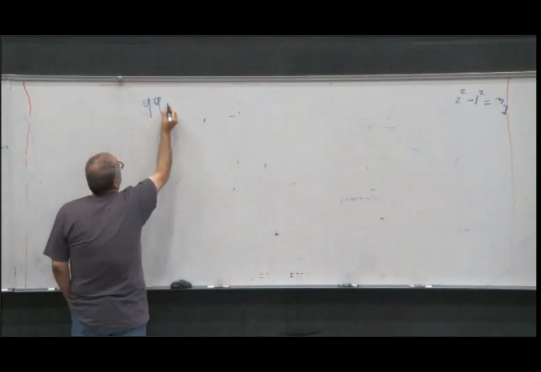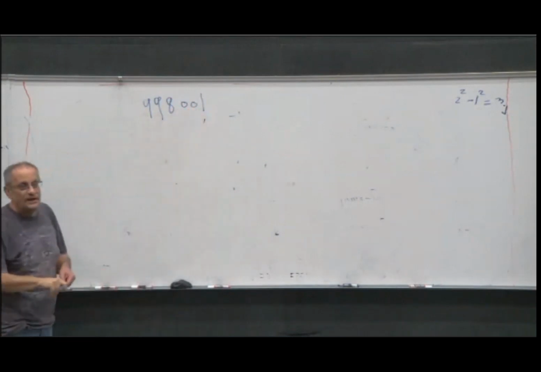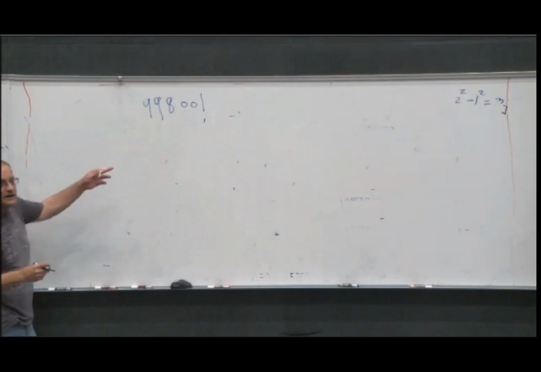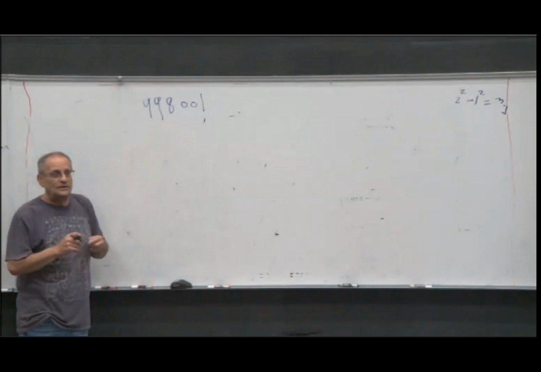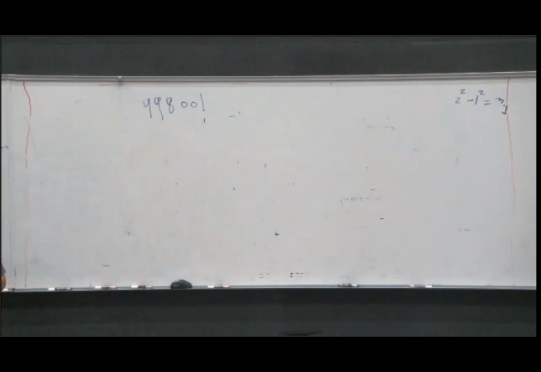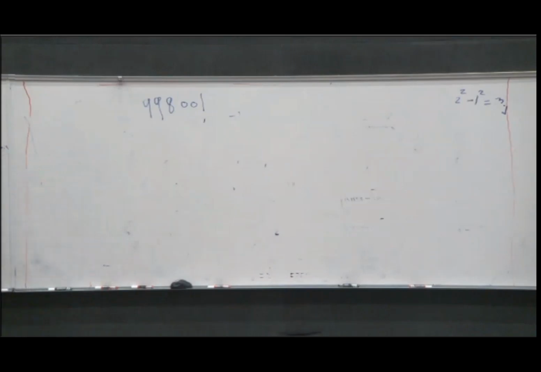998001. This is an amazing number. You're going to tell me why. How come this is amazing? Why is this an amazing number? Anybody heard of that? If you heard about it, you can tell me, but don't talk about it till I finish. Of course, your calculator will not be able to find all the decimals.